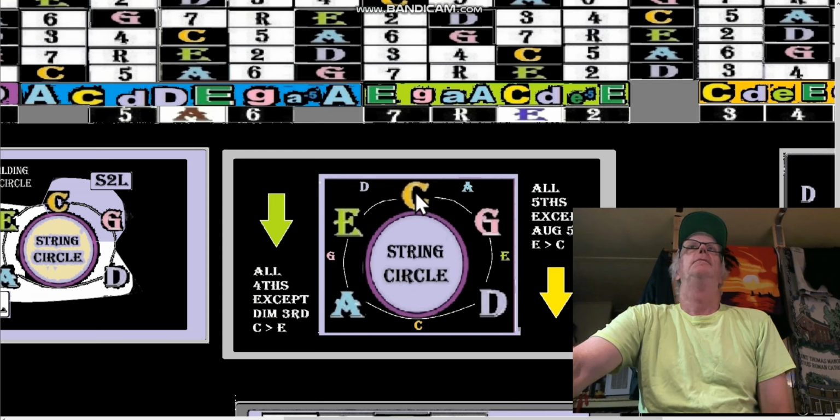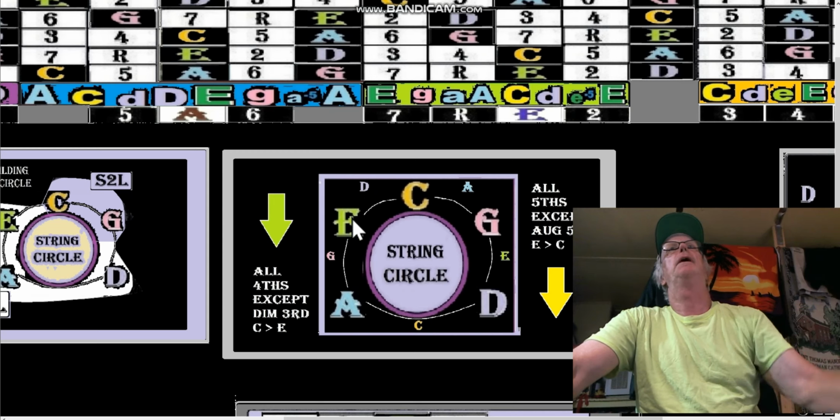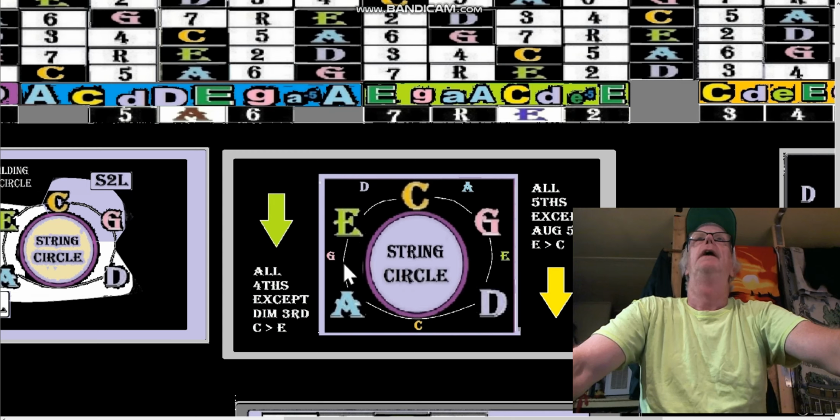Remember, C would go to D, but we skip D and we go to E. So that you can read it right off. You don't have to do any diminished or augmented adjustments. And that gives you the string circle fourths.